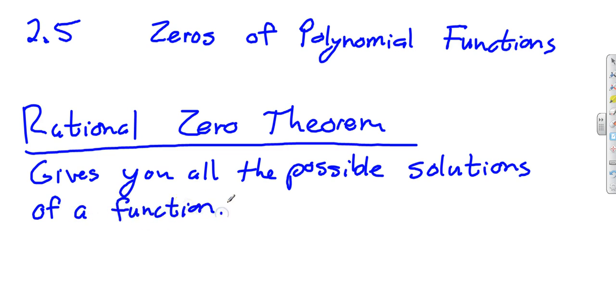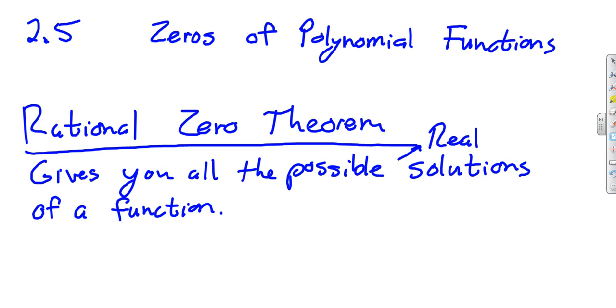Because everything in chapter 2, we're getting away from equations, we're talking about functions, so it's basically the same thing as an equation. But it gives you all the possible, I left out one thing here, real solutions. Because there might be an imaginary solution in there, this one doesn't include that part, but that will come at the very end if that's a possibility.